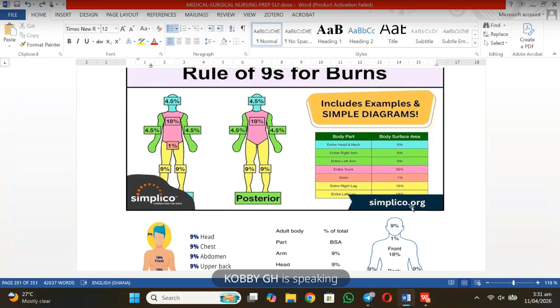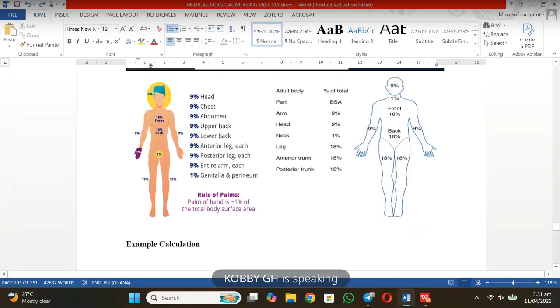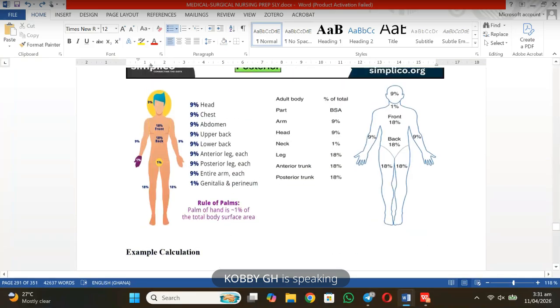If the examiner happens to mention it, assign 1% to it. If the examiner intentionally highlights the neck region, assign 1% to it. The same thing with the palm. If the examiner says palm, assign 1% to the palm. It's an insignificant area. But if the examiner says the head, straight, that is 9%.